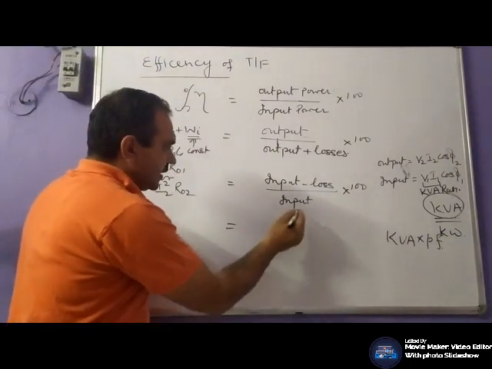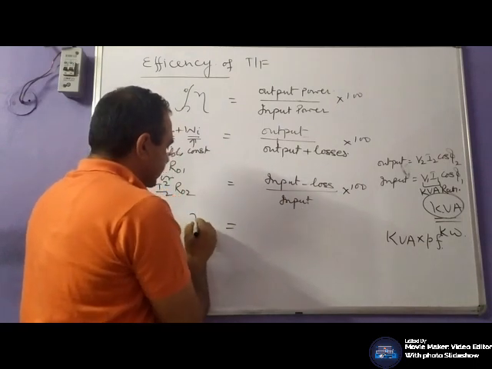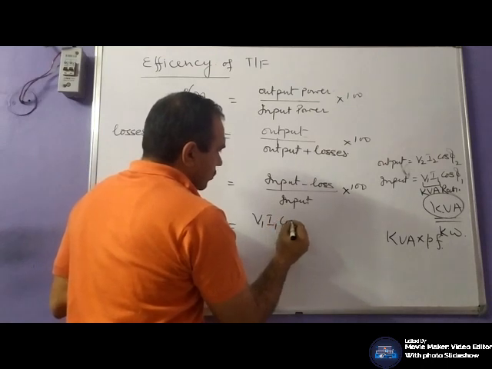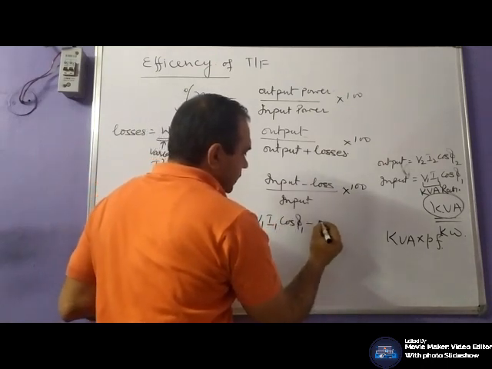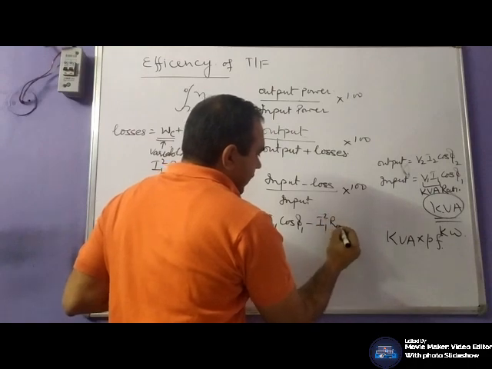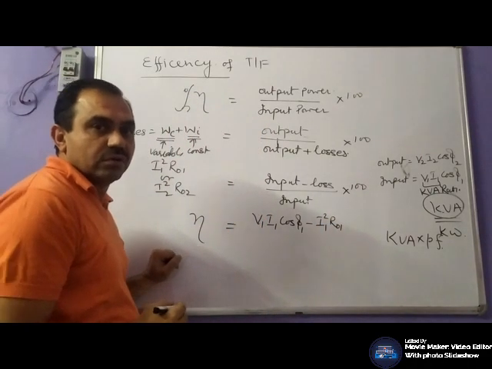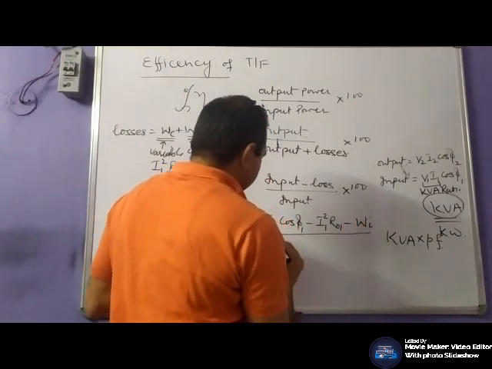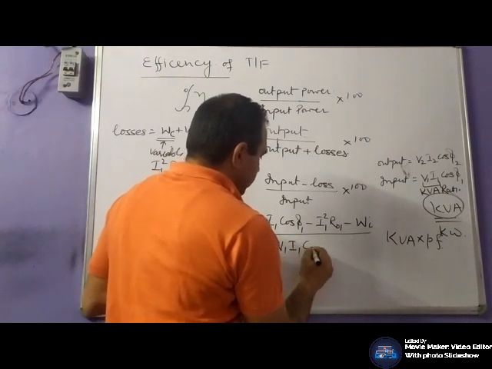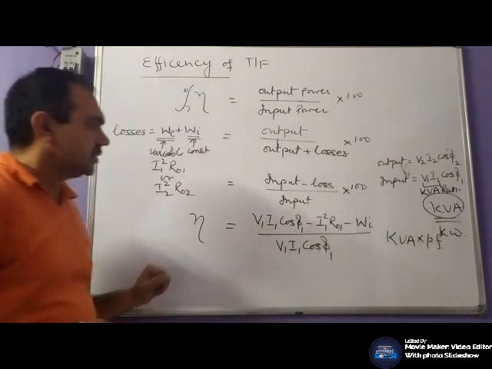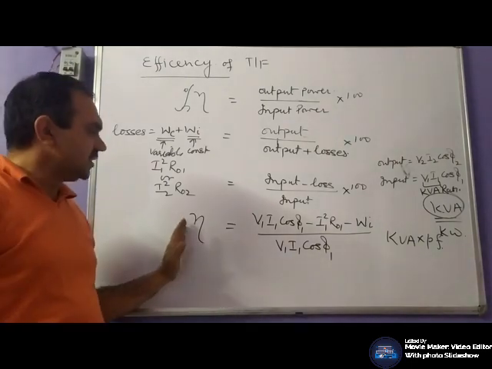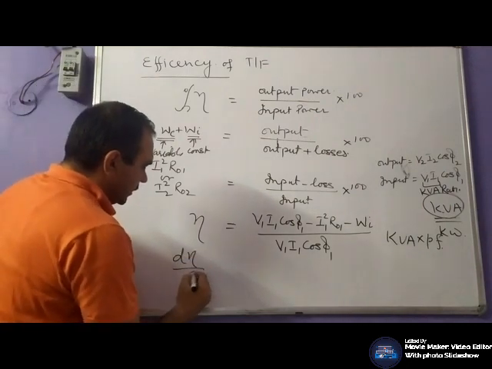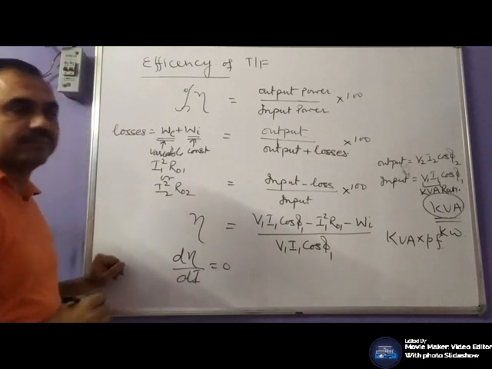So here your equation, for example, for this case, efficiency would be equal to V1 I1 cos phi 1 minus I1 square R naught 1, which is your copper losses, minus iron losses, divided by V1 I1 cos phi 1. Your efficiency would be maximum when dη by dI1 would be zero.